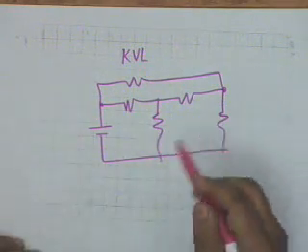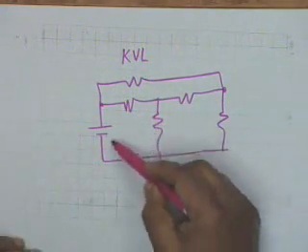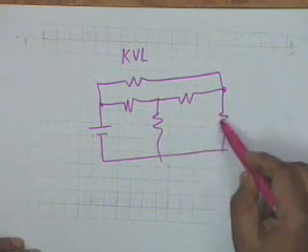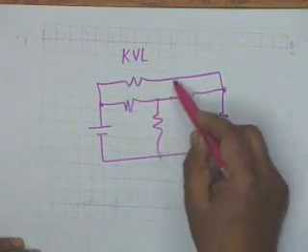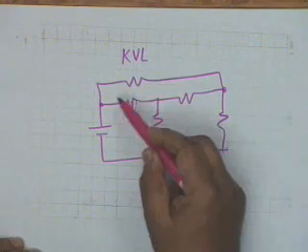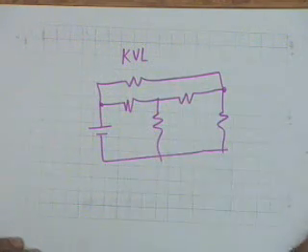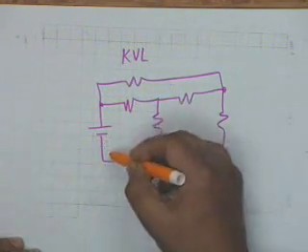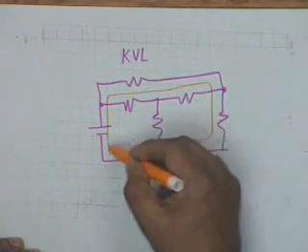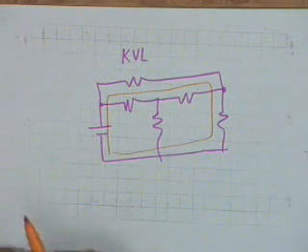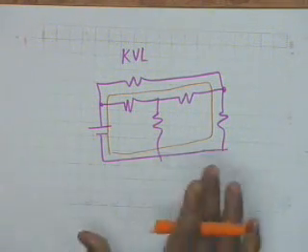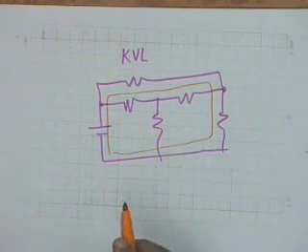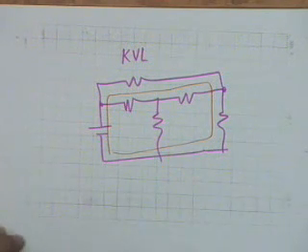It contains a number of circuits. This is one of the circuits, this is another circuit, this is another circuit. There are other closed paths. For example, this is a closed path, all right. There are a number of circuits here. A combination of them makes it into a network, all right.